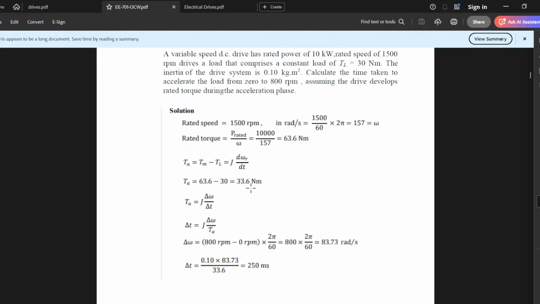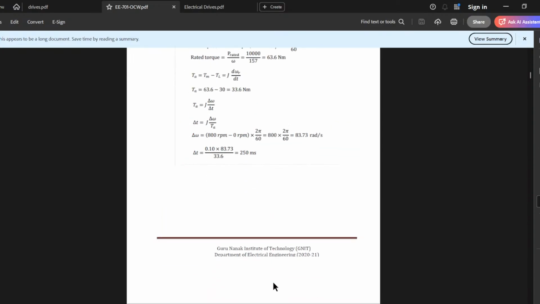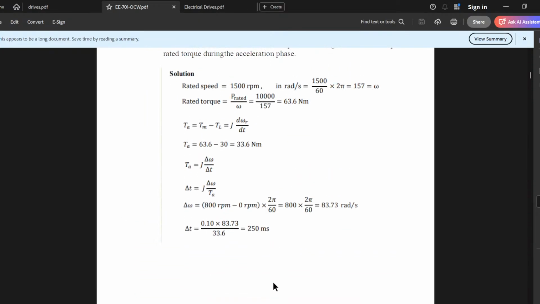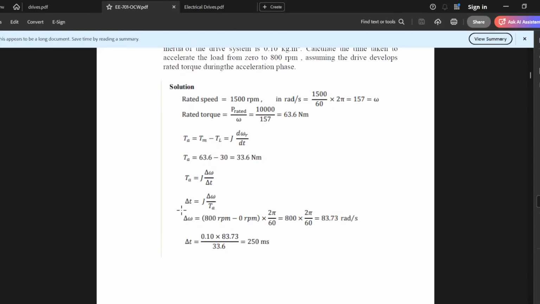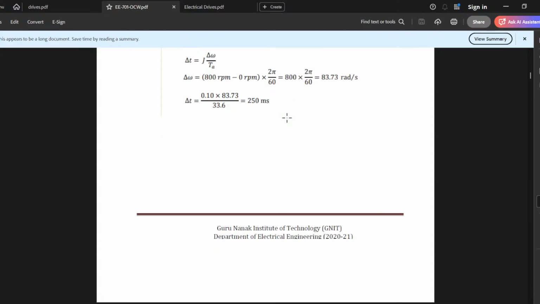So we can say omega upon derivative of omega to 50 ms. So now what we have to do? Just divide it. Assuming that derived during the acceleration.